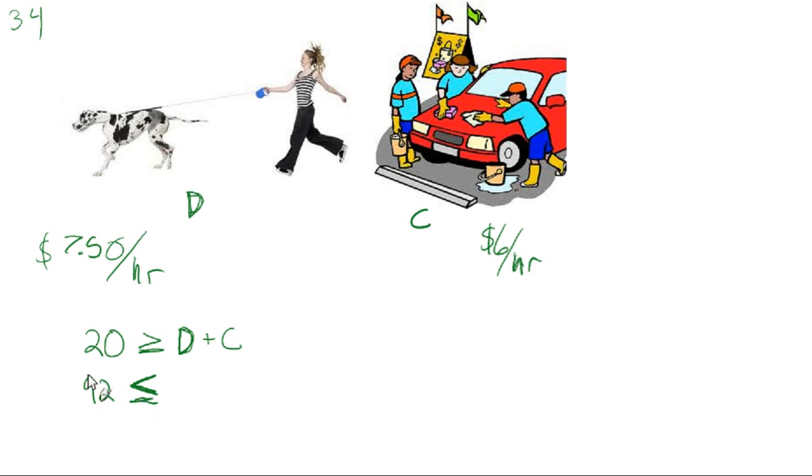All right? This is the amount that we need to make to pay our bills, and this is the amount that we make actually working. So clearly we're going to take the amount that we make at dog walking, right? The amount of money dog walking, plus the amount of money we make car washing, and that'll be the amount that we make at our jobs.